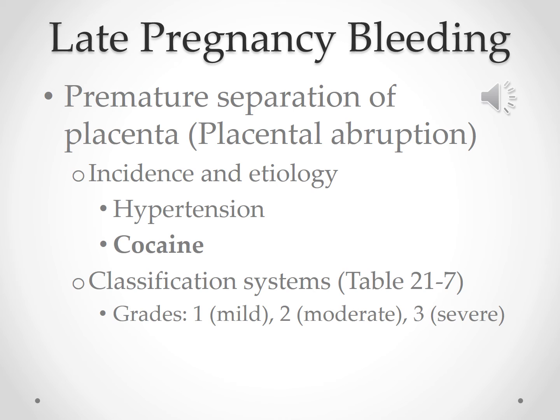Hypertension has most consistently been identified as the causative risk factor for the abruption, but other things that are associated with it include cocaine use, if there is blunt force trauma to the abdomen, so if the mom was in a car accident, if she received injury to the stomach, if she was kicked in the stomach, you've got to think about abuse.